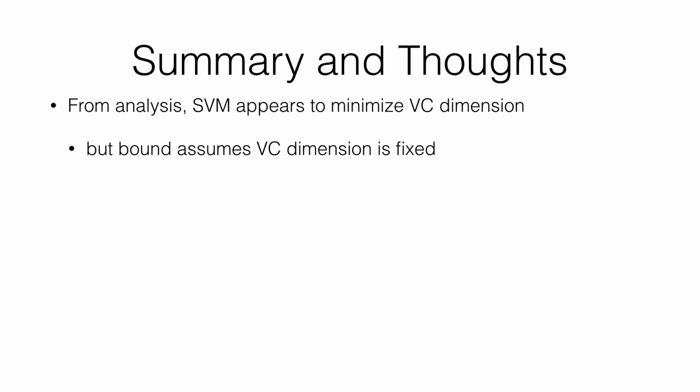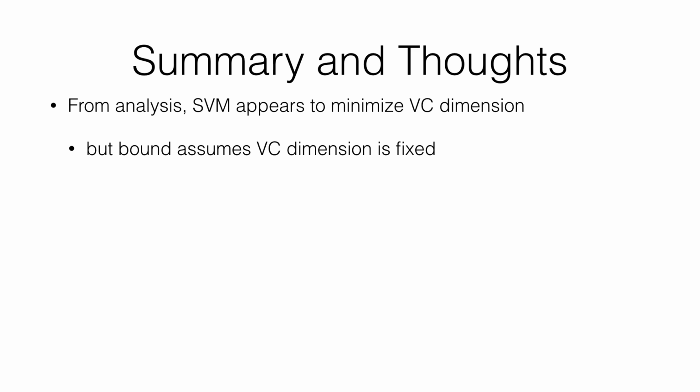So there's an alternative bound that does allow for the VC dimension to be a variable, and it roughly has the same shape. So we won't go through that in the same way that we're not really focusing on the actual bound. We're just interested in the trend that it describes.